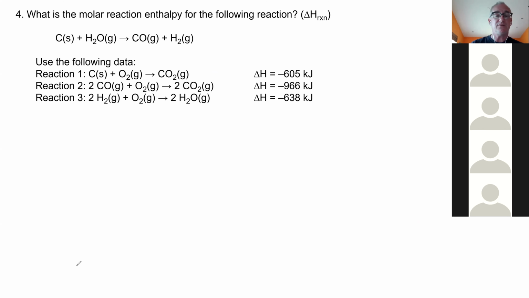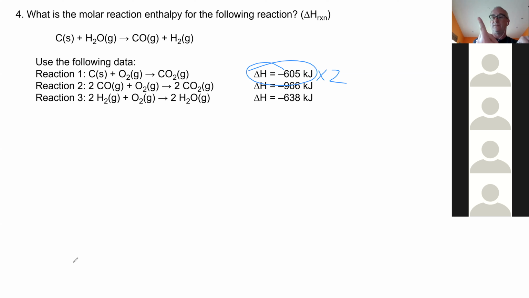But if I do that, a lot of the times I'm going to have to change these reactions. For instance, if I multiply this whole reaction by 2, then I'd have 2 carbons plus 2 moles of oxygen give me 2 moles of CO2, and I'd have twice as much heat released. I could also divide it by 2, so I'd have half a mole of carbon and half a mole of oxygen making half a mole of CO2, and half as much energy released.